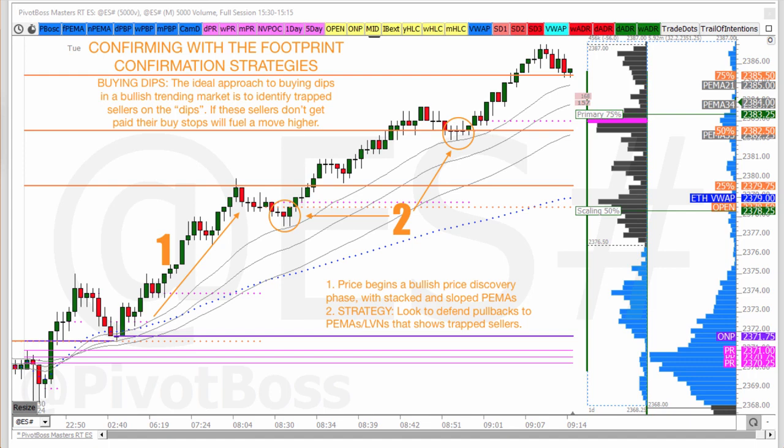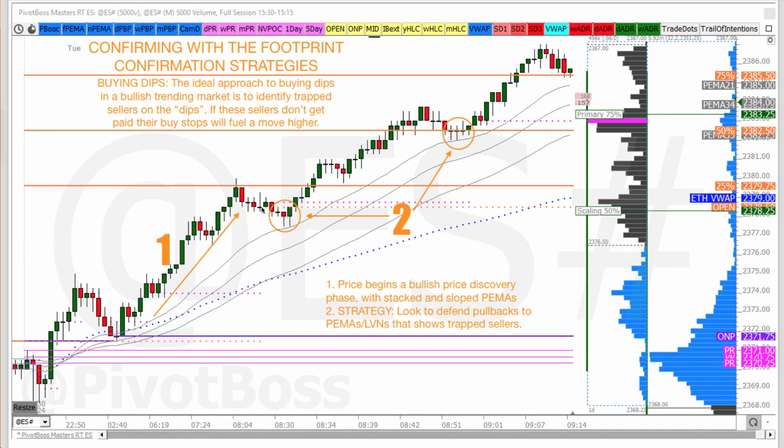The idea is to buy the first pullback after the open into the LVN below, or into the PIMAs or into R3. So I mentioned several approaches, and that's exactly what happened.